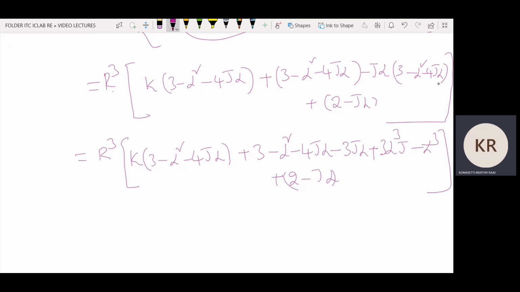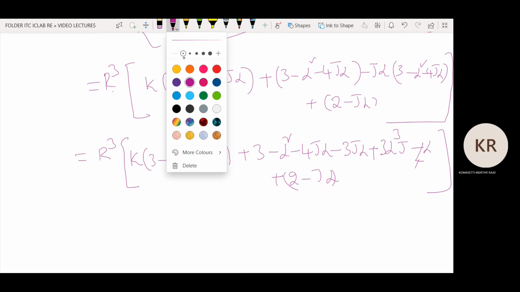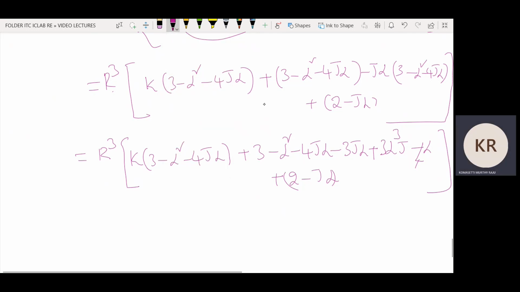That is the reason here 4 minus 4 alpha square, minus 4 alpha square, you get 2 minus j alpha.